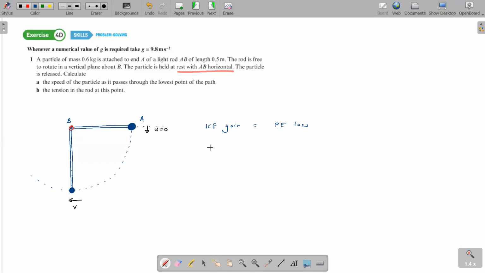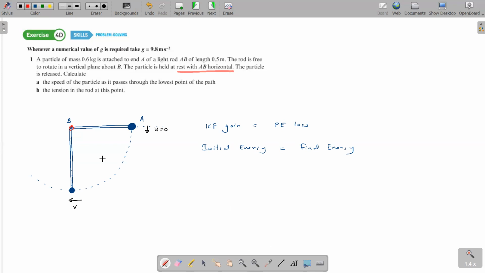Any of these work. Or you can say the energy you have at A should be equal to the energy that you have at the bottom. Use any of these concepts, it's fine. So initial energy is equal to final energy because energy is conserved. So initially the energy we have.